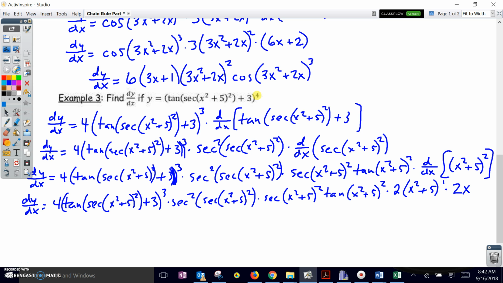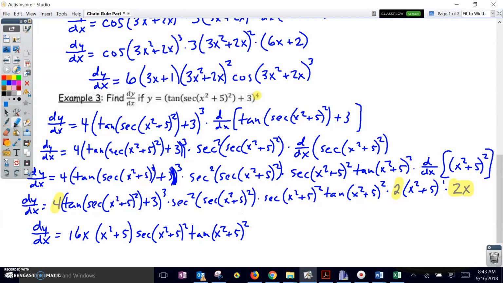Alright, now I want to clean this mess up. So I've got dy dx equals, I'm going to bring my constants and such forward. So I've got 16x. That takes care of the 4, 2 here, and the 2x here. Then I've got the quantity x squared plus 5. I've got secant of the quantity x squared plus 5 quantity squared, tangent of the quantity x squared plus 5 quantity squared.